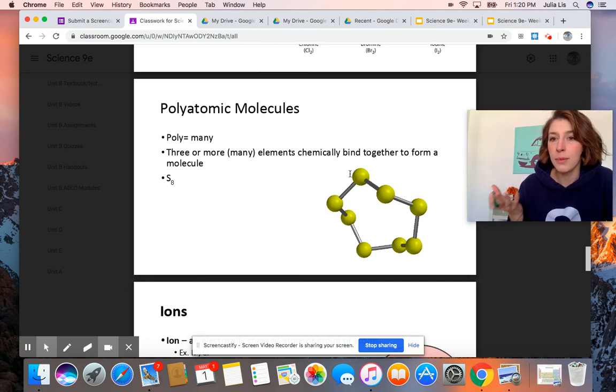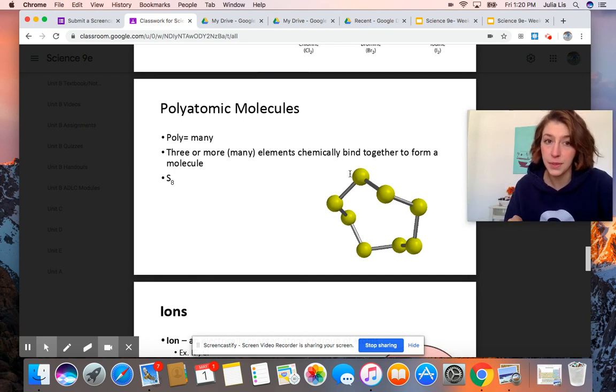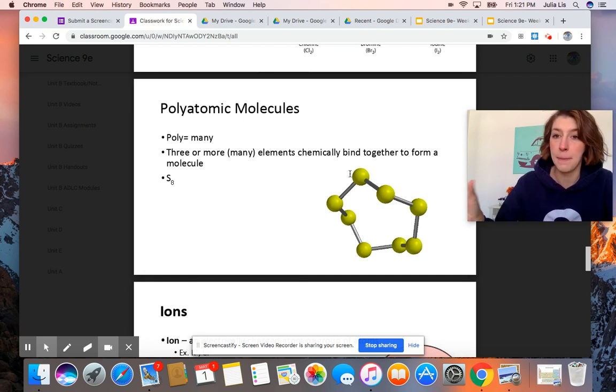So most often when we find it or when we're working with it, we already know and have gathered this information as chemists that it will actually sit around in a group of 8. So S8 is that there are 8 sulfur atoms all together. And if there's more than two, if there's many atoms together, we call them polyatomic. So this is a polyatomic molecule, many atoms together.